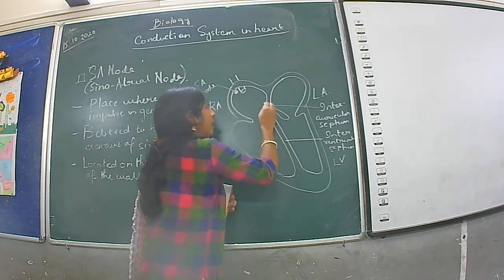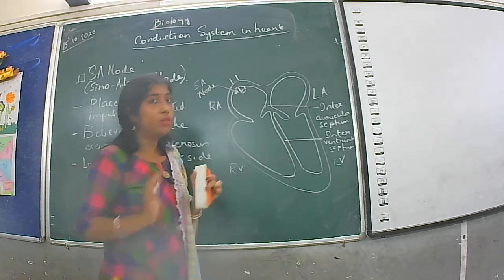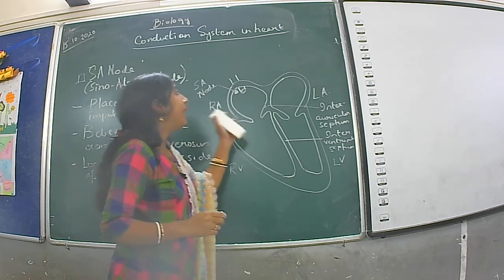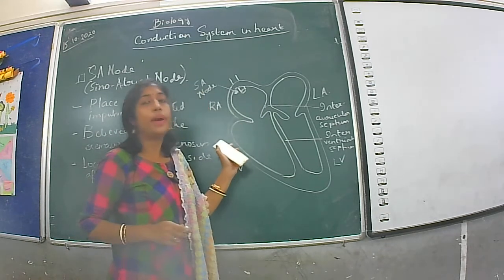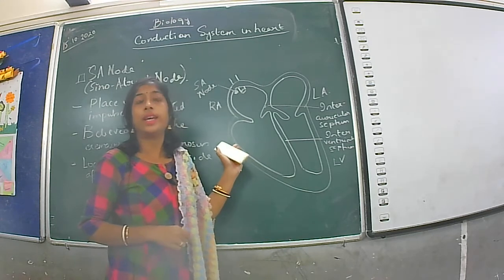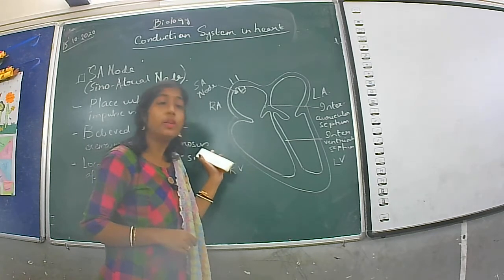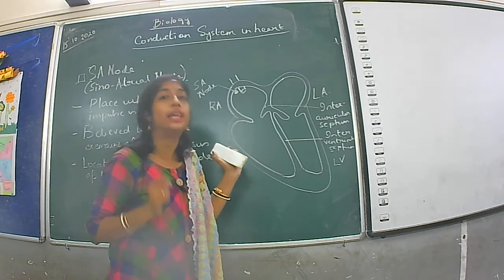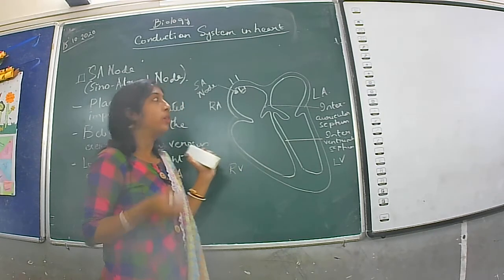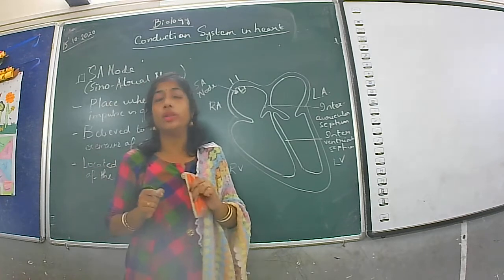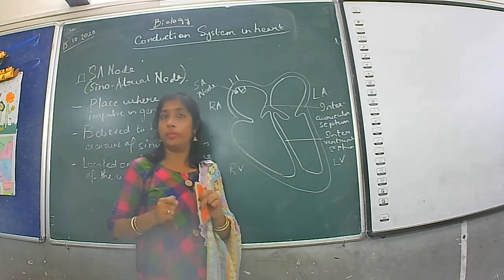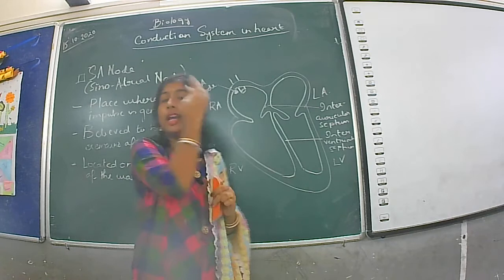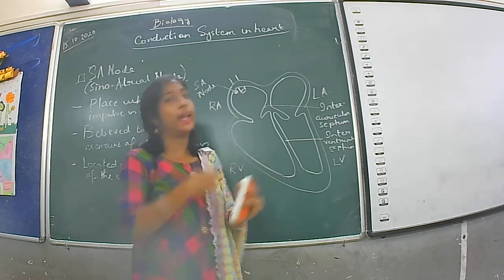We are going to describe that. Okay, what I am trying to say is, as the impulse is generated, it will get transmitted to the right atrium and left atrium through the cardiac muscles, and ultimately it will reach another tissue. Now this tissue which I am talking about is the AV node. Let me explain first, then I am going to show you with the help of the diagram.